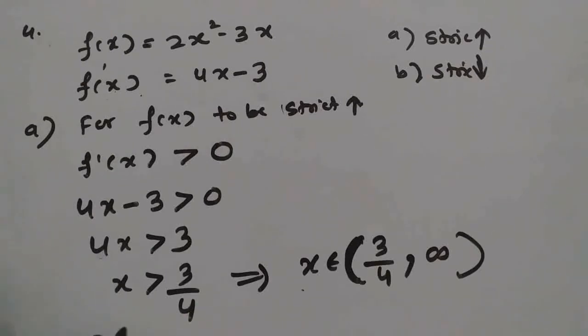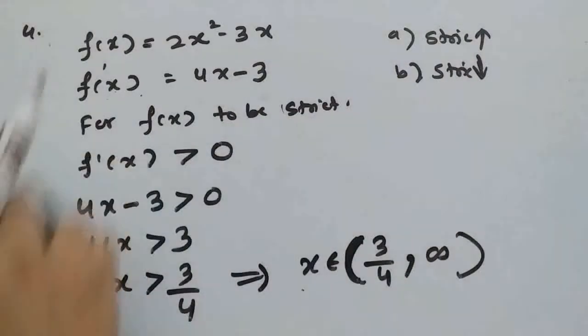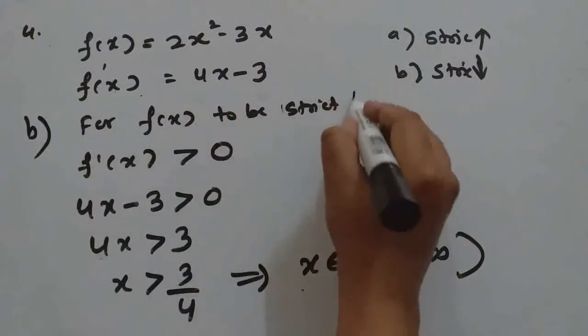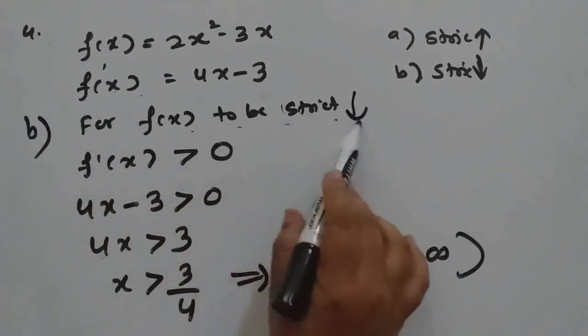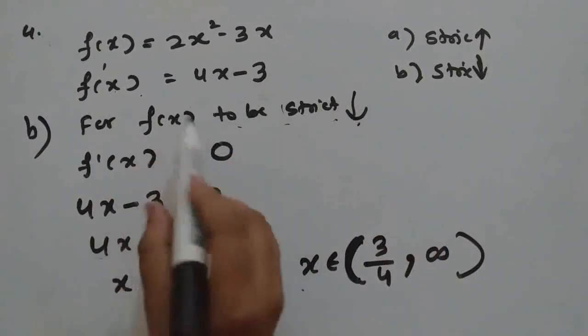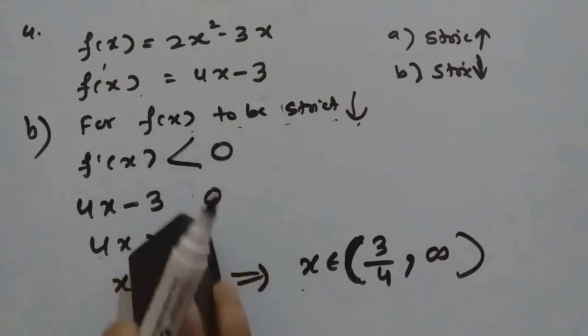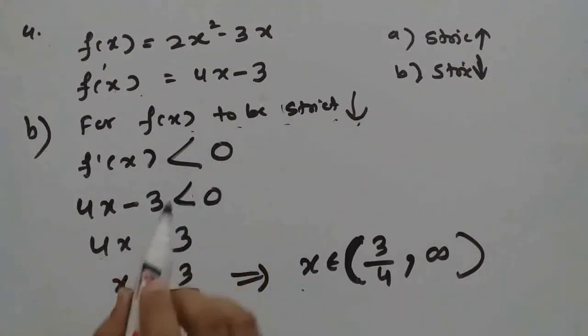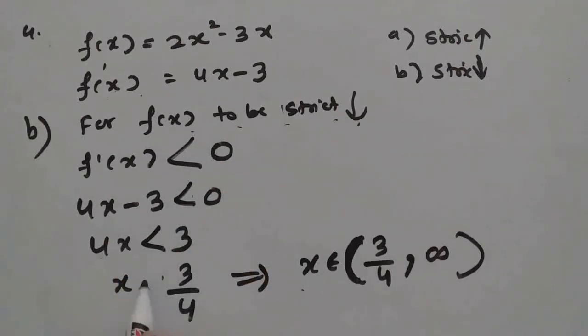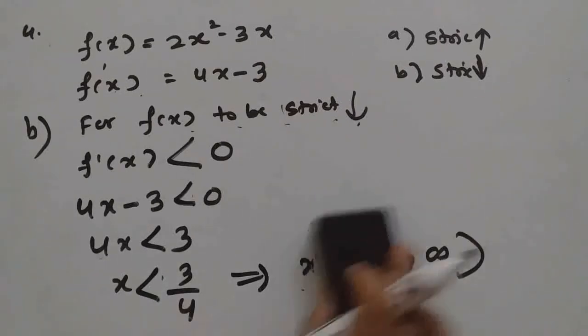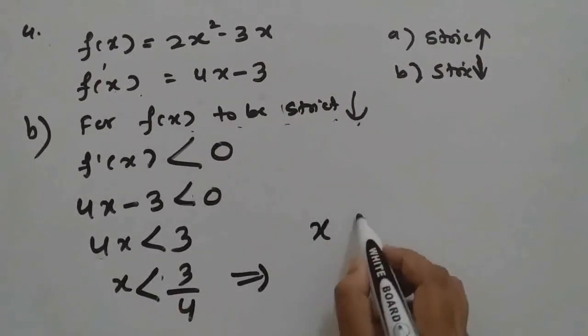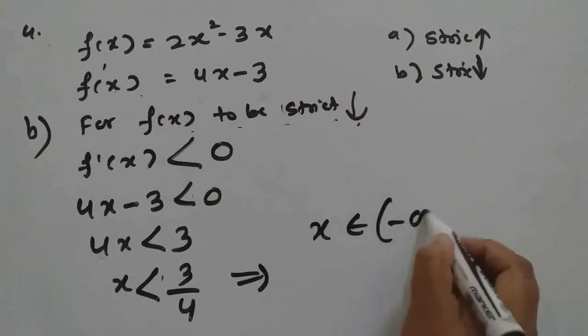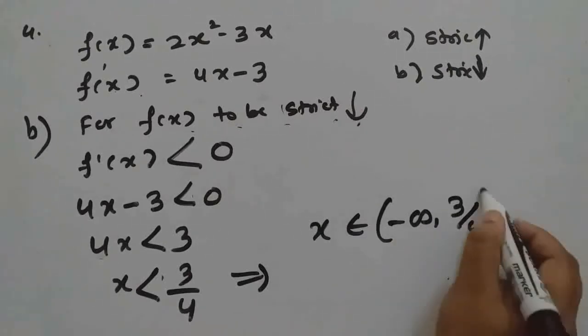For the second part, strictly decreasing, for f of x to be strictly decreasing, f dash of x should be less than 0. So 4x is less than 3, x is less than 3 by 4. X less than 3 by 4 means x belongs to the interval minus infinity to 3 by 4.